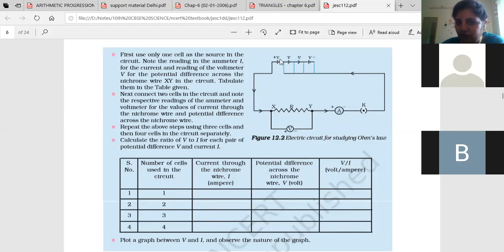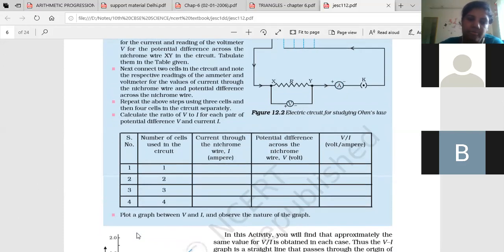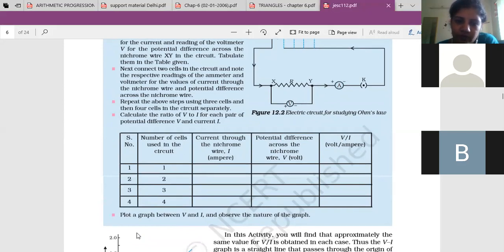At the time when one cell is connected in the circuit, we check the current value, the ammeter reading, and write it down here, and the voltmeter value we write in the second column. And then we have to calculate the V and I ratio. So suppose, for example, the current is 0.5 ampere, and at that time the potential difference is 1 volt.